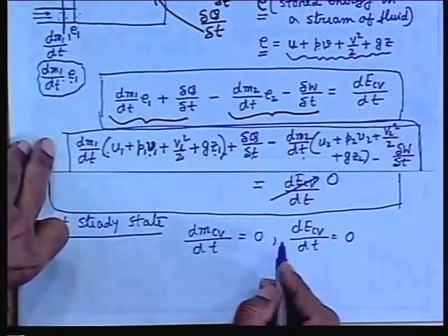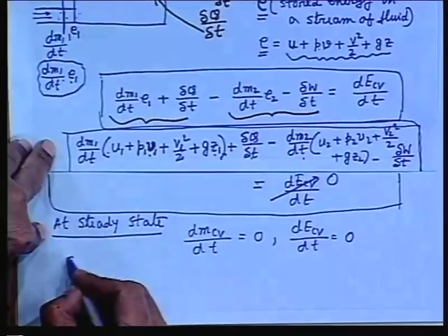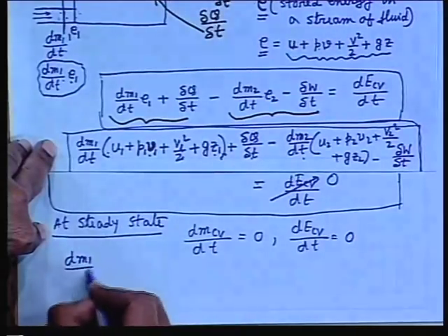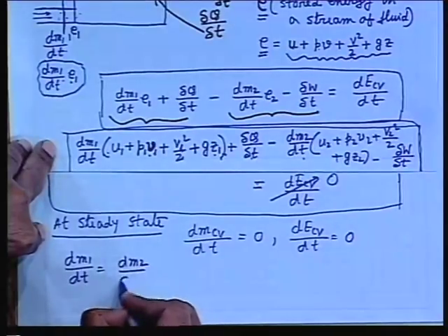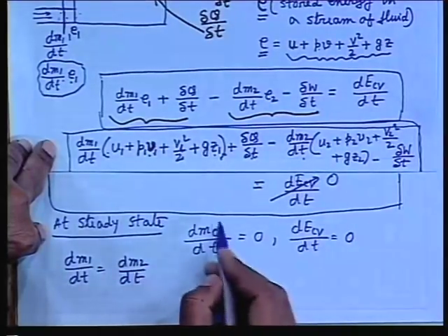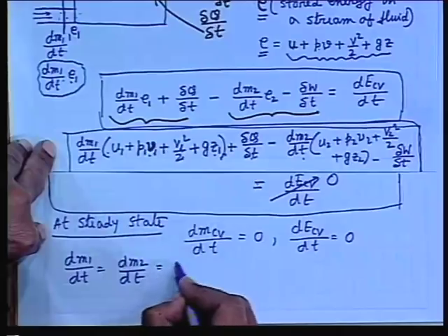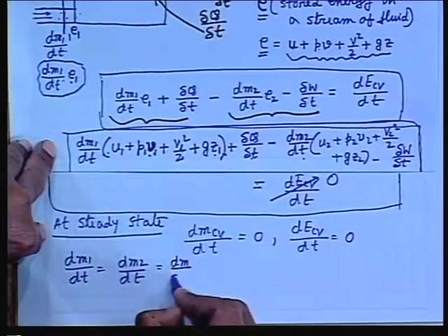Okay. Now if we make this first condition, then we get dm1/dt equal to dm2/dt, because the mass inflow is equal to mass outflow. There will be no mass change in the control volume. Let this be equal to dm/dt.